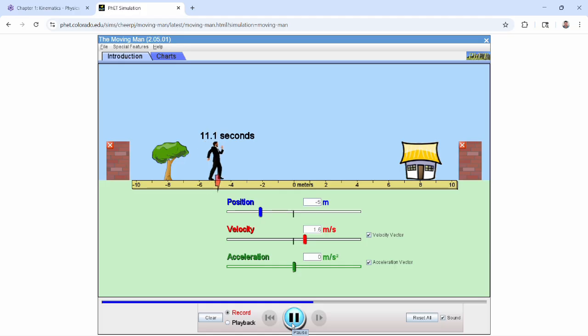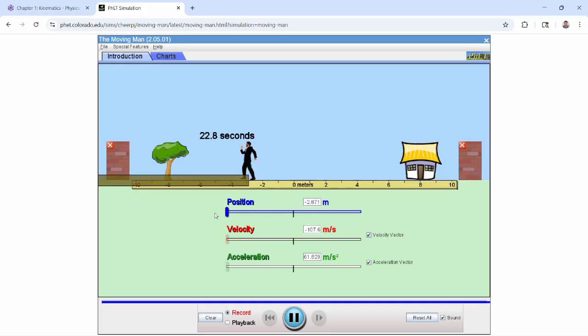He moves at a constant speed, here 1.6 meters per second. If we move 20 meters, you can even calculate how much time it would take. All good. Now, what if he's moving with constant acceleration? Let me make it a constant acceleration of 1 meter per second squared.